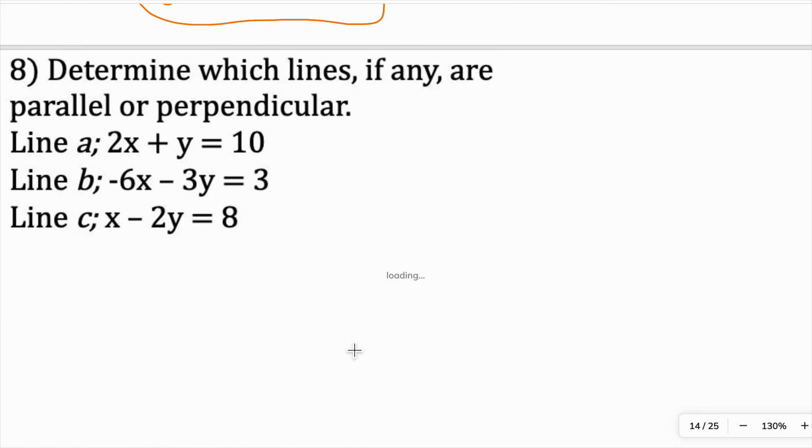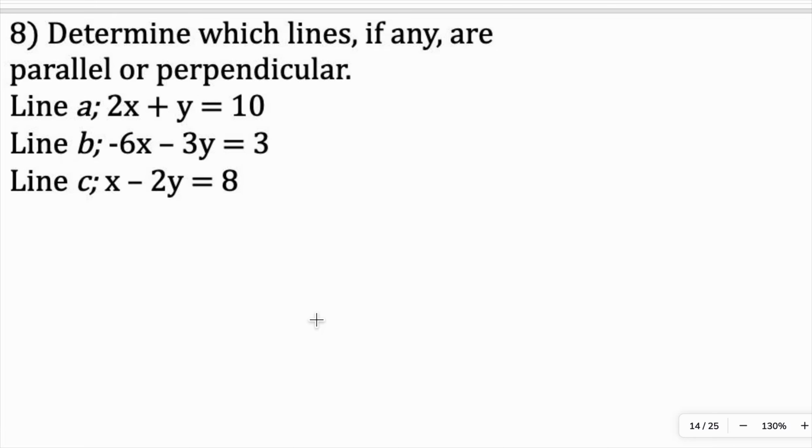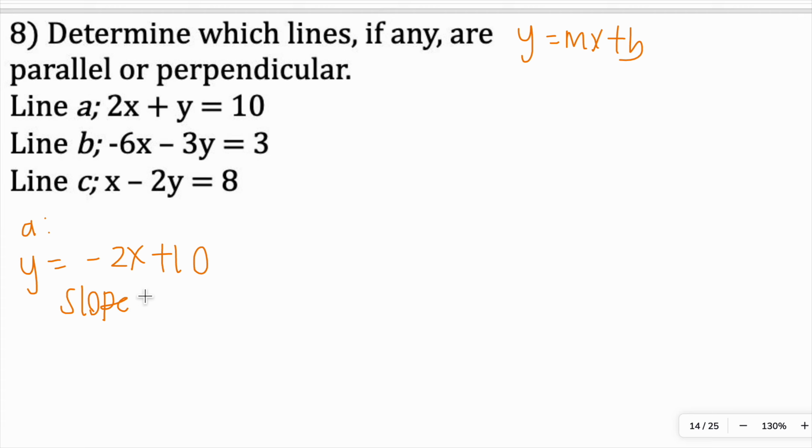Okay. Number 8, determine which lines, if any, are parallel or perpendicular. So what we'd want to make sure of is we can find our slopes. So we're going to put all these in slope-intercept form of y is equal to mx plus b. So let's start with line A. I'm going to move that 2x over, so I'm going to have y is equal to -2x plus 10. So my slope is -2. For line B, I'm going to move over that -6x.